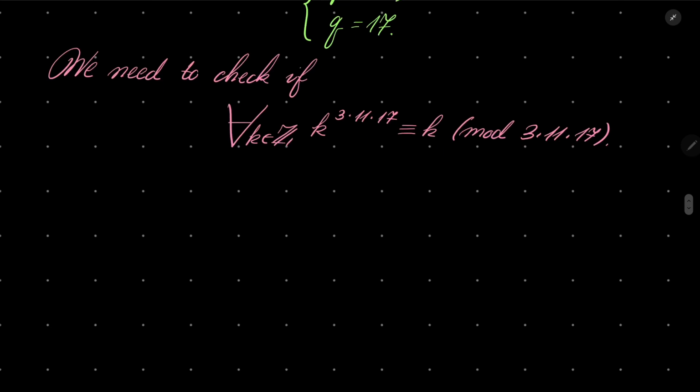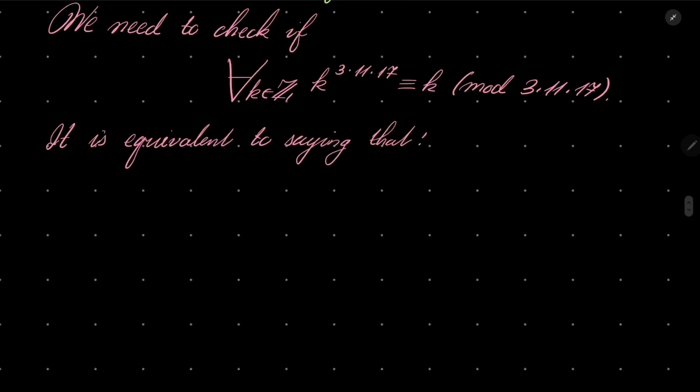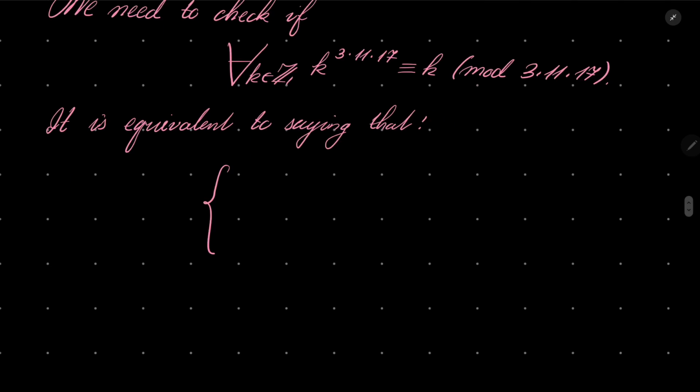Well, let's notice that this condition is equivalent, by the Chinese remainder theorem, to saying that for every integer k, our congruences are true modulo 3, 11, and 17 separately.